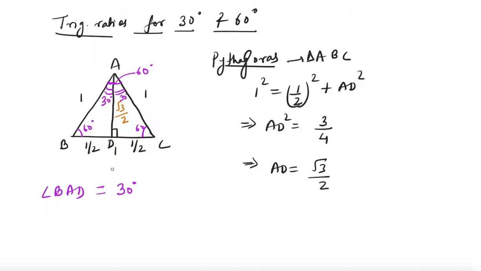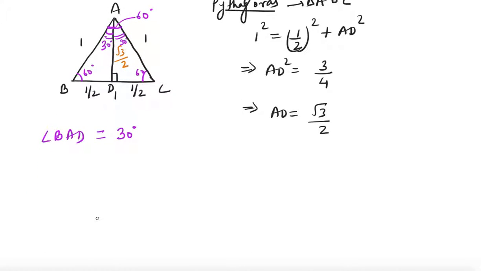Now all the things for this triangle are known. So let us come to finding the trigonometric ratios for this triangle. Let us start with 60 degrees, that is, I am considering angle B because I know the measure of angle B is 60 degrees. Sine 60: sine is the ratio of perpendicular by hypotenuse, the length of perpendicular AD divided by AB.